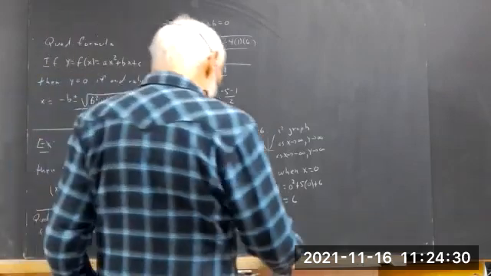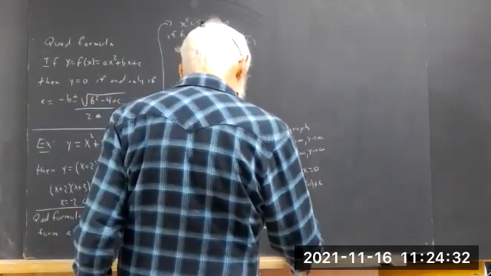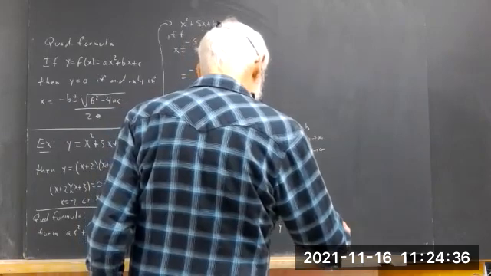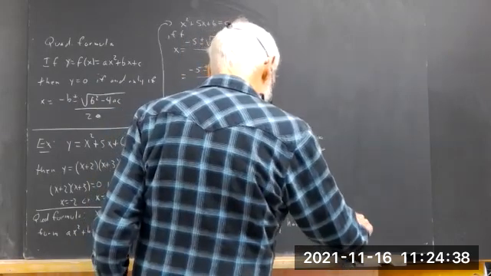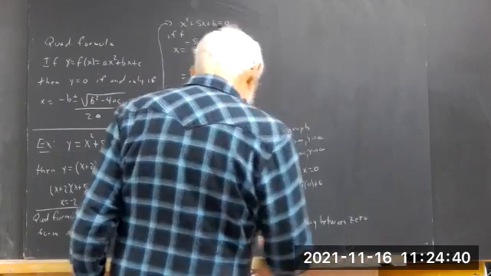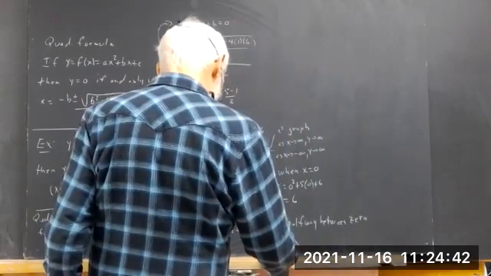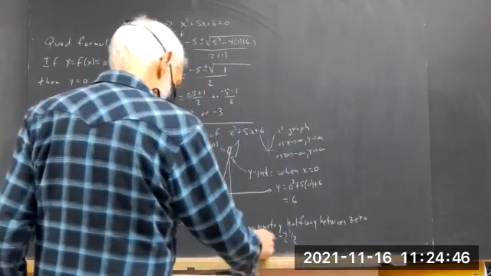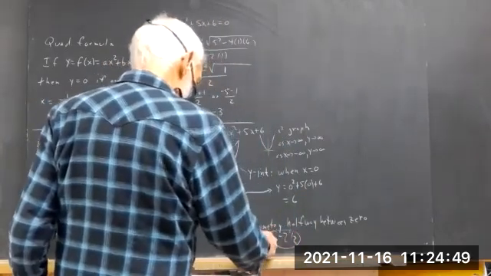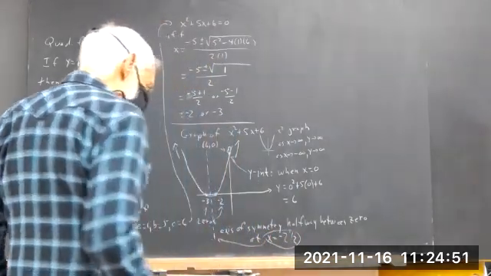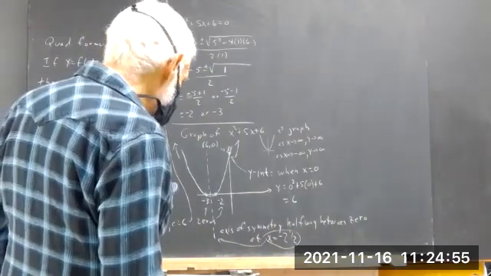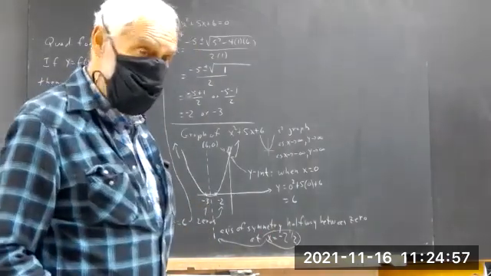The axis of symmetry is the line x equals -2.5. The vertex is on the axis of symmetry.